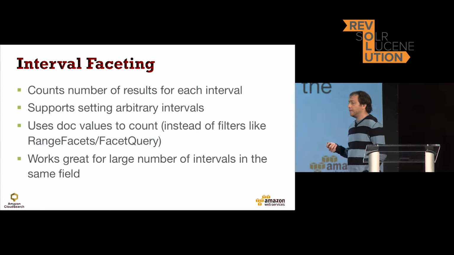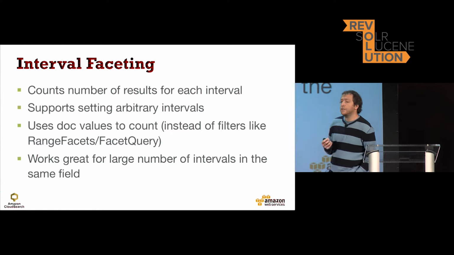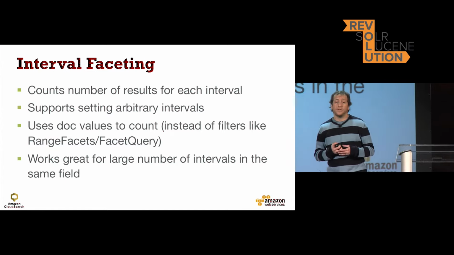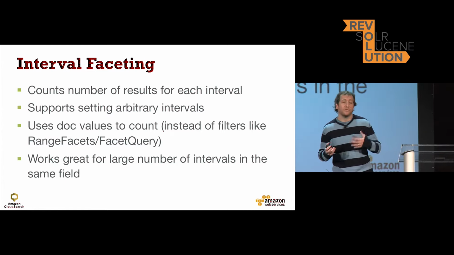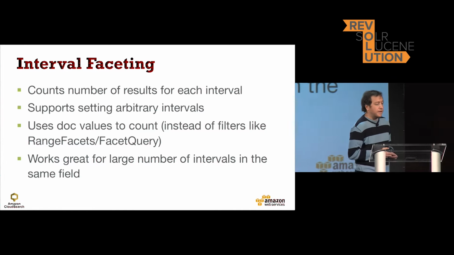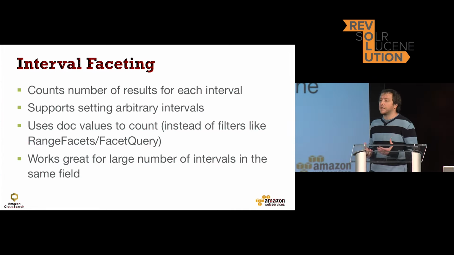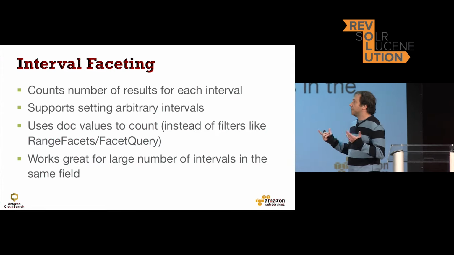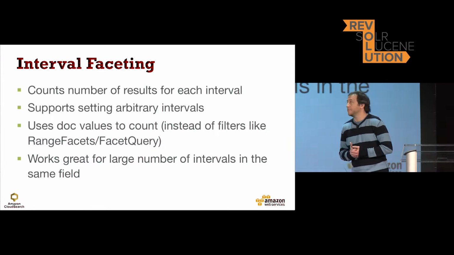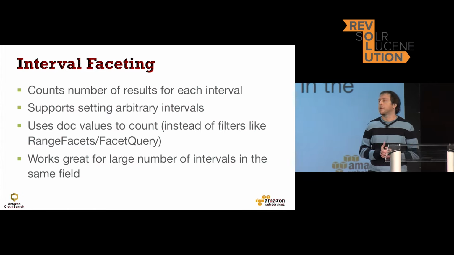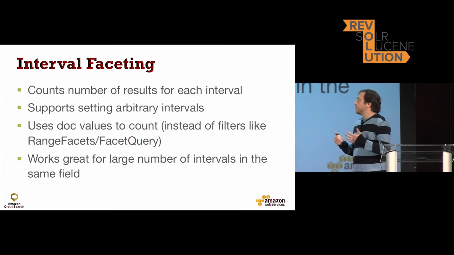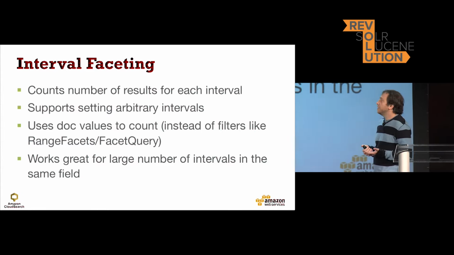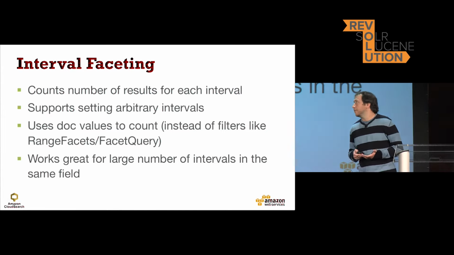So if your index is somewhat static, the index doesn't change that much, you don't reopen searchers that often, then this is fine because the filter cache is going to be pretty effective. The only problem is that you'll be populating the filter cache with all these facets. If you have too many, it may be a problem. But anyway, in that scenario with a static index, facet queries and range facets can work very well for you.